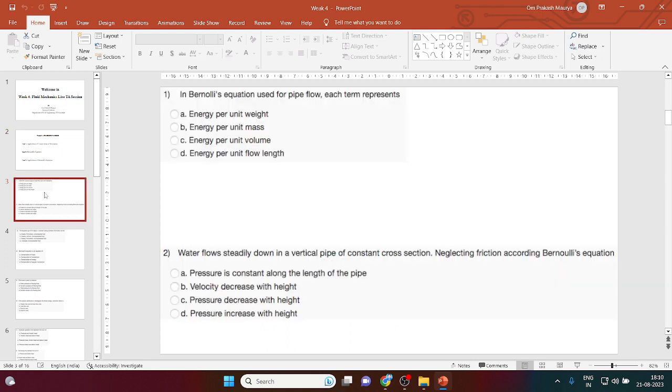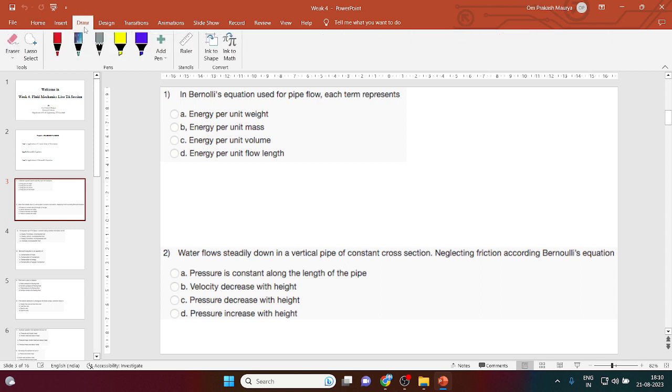In regard to that, the first question is visible. If visible, then you can try, and after that we'll discuss some concepts.